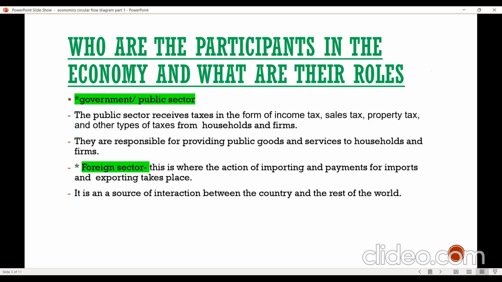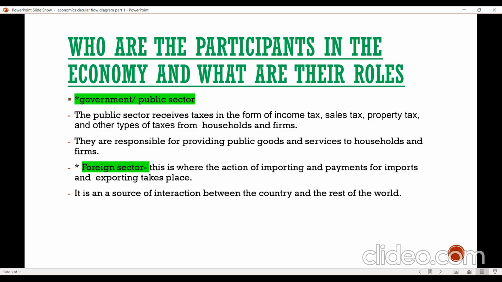Now, how does the government get the funds to provide all these public goods and services? Does it get them for free, or do firms just give them to the government? No. The public sector receives taxes in the form of income tax, sales tax, property tax, and other types of taxes from households and firms.